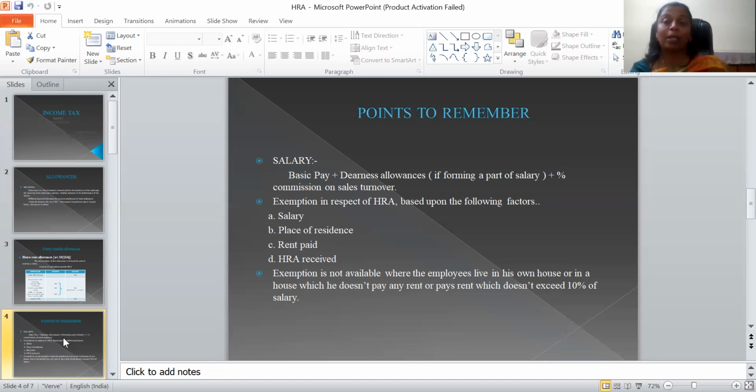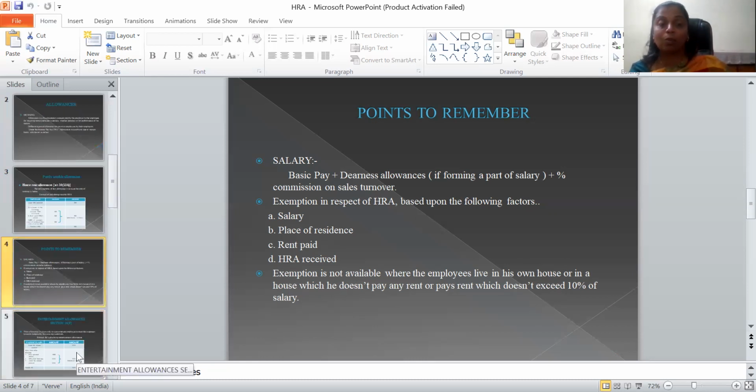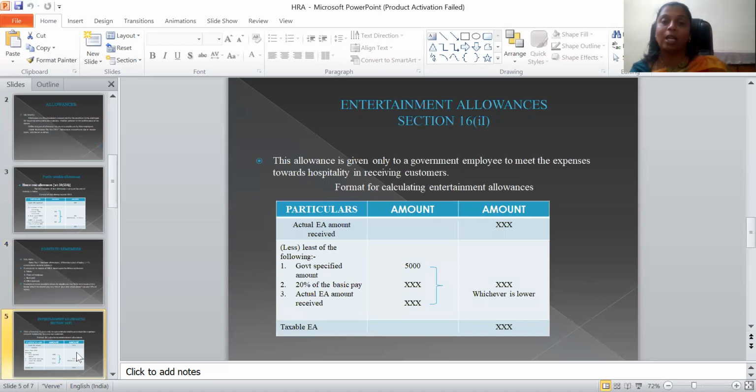So kindly remember that an individual receiving an HRA and staying in his own house or in a house wherein he's not paying any rent is supposed to tax the full amount of HRA. So whatever is received by him as HRA amount will be fully taxable.